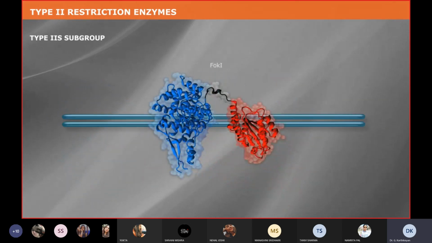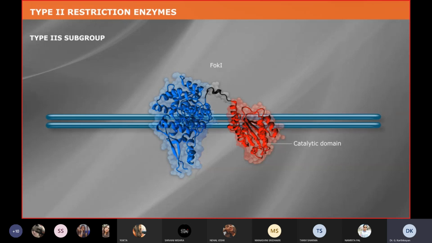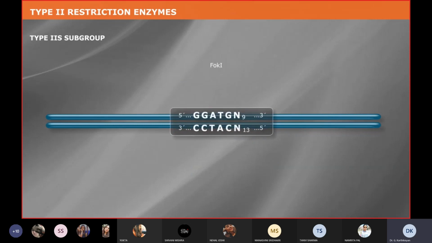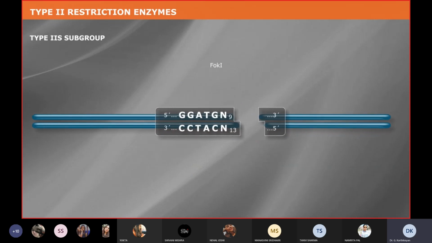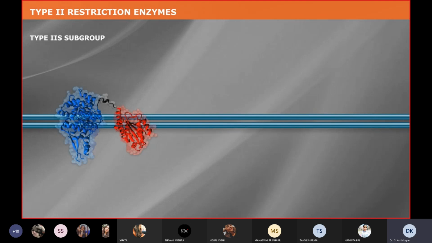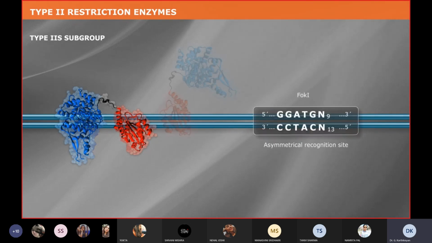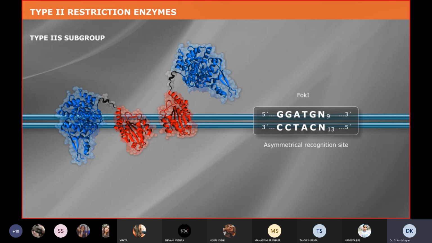Due to this separation, the catalytic domain is positioned to one side of and several base pairs away from the sequence bound by the recognition domain, causing cleavage to be shifted to one side of the sequence. Type 2S enzymes generally bind to DNA as monomers and recognize asymmetric sequences, but cleave as dimers.